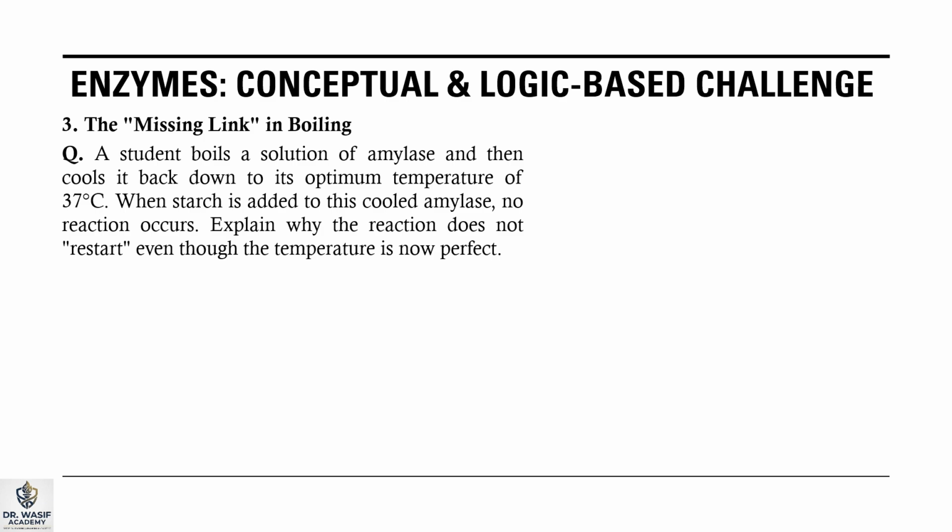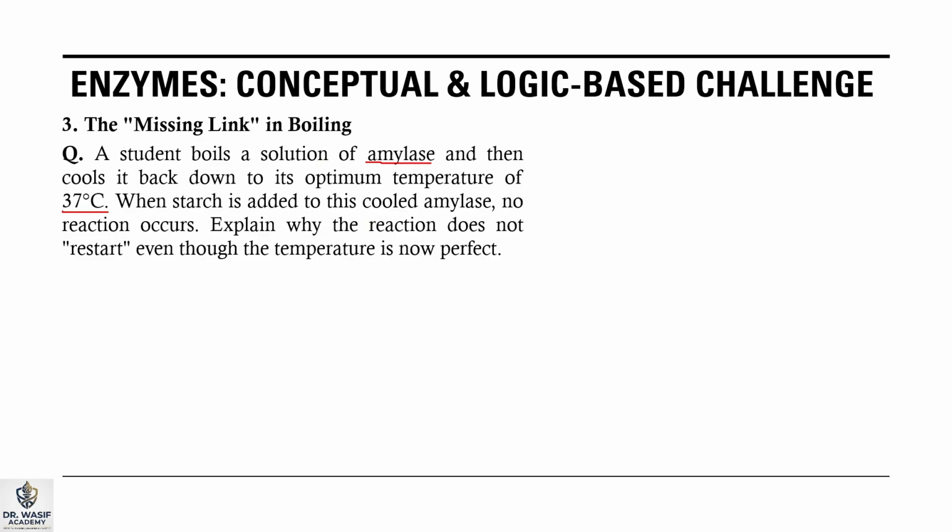Now let's look at the third structured practice question for today. This one addresses a huge misconception that many students trip over in their exams. The question is, a student boils a solution of amylase. Okay, remember, this one is the enzyme amylase, and then cools it back down to its optimum temperature of 37 degrees Celsius.